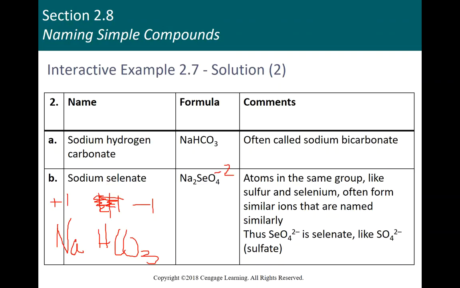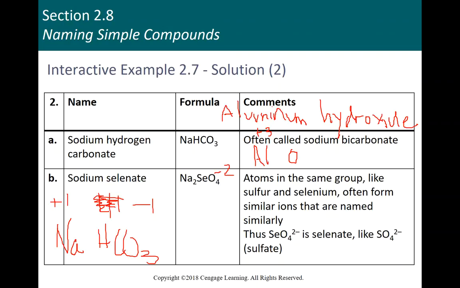Now, let's do another quick example. Let's say I want you to write the formula for aluminum hydroxide. Sorry about that. Again, I'm writing with a mouse, so it's kind of hard to write. So aluminum hydroxide: aluminum is Al, and it has a +3 charge.